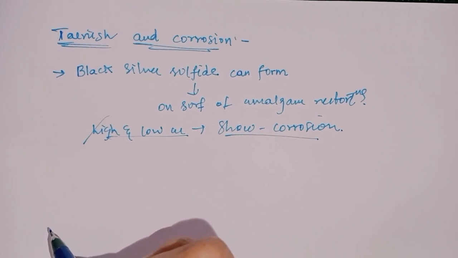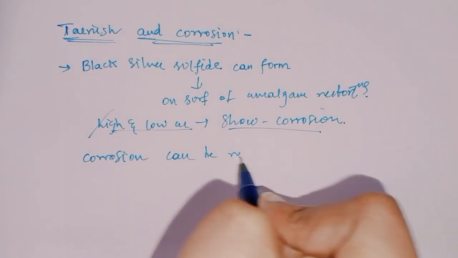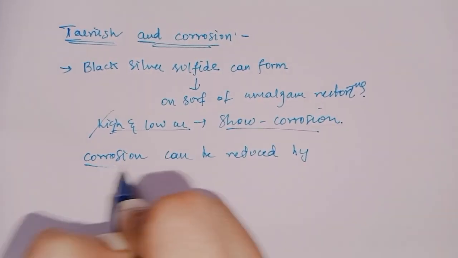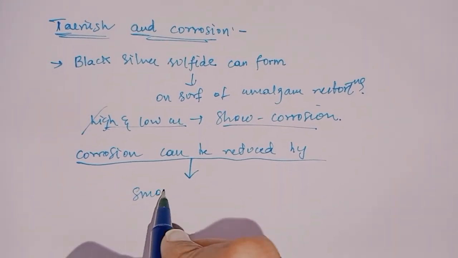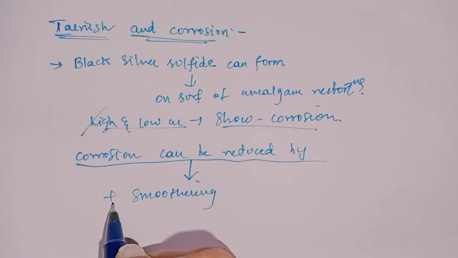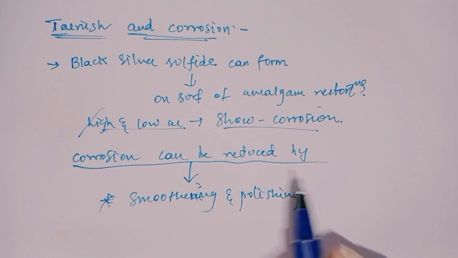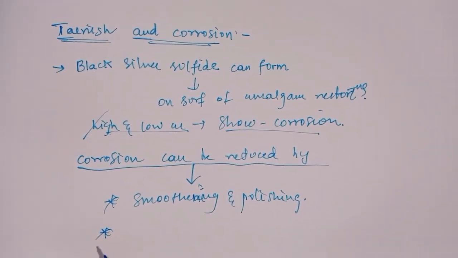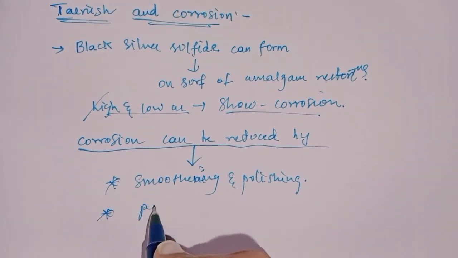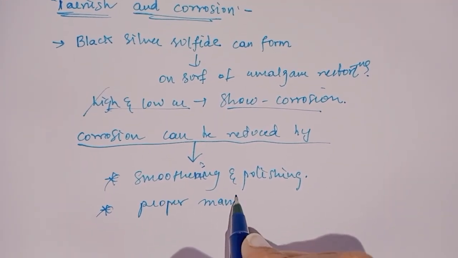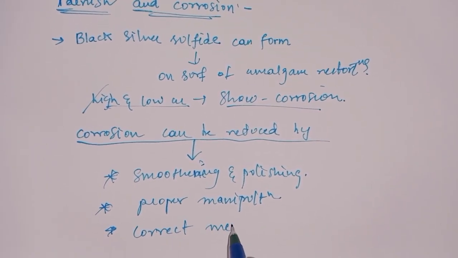Corrosion of amalgam can be reduced by smoothing and polishing the restoration, by proper manipulation, and by the correct mercury alloy ratio.